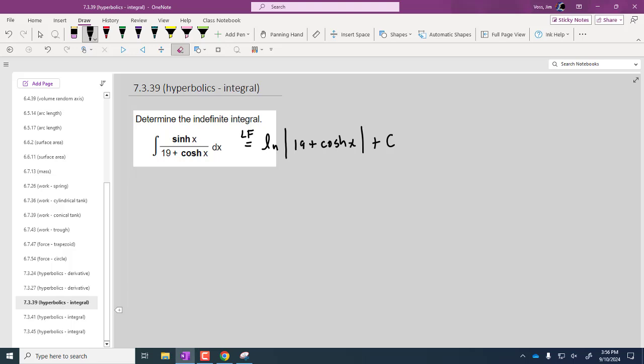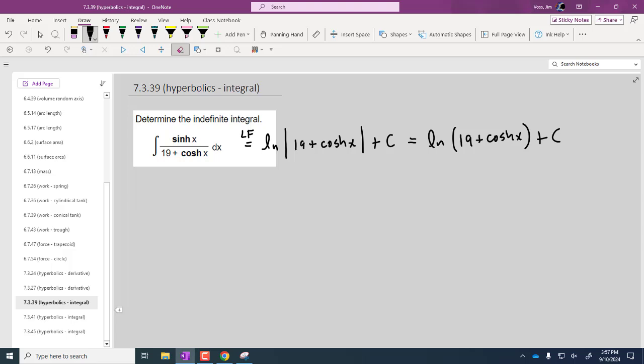Do you need the absolute values here? No, because the hyperbolic cosine is the hanging cable, and it's always positive. I wouldn't take off if you didn't take away the absolute value bars, though, because it's still correct.